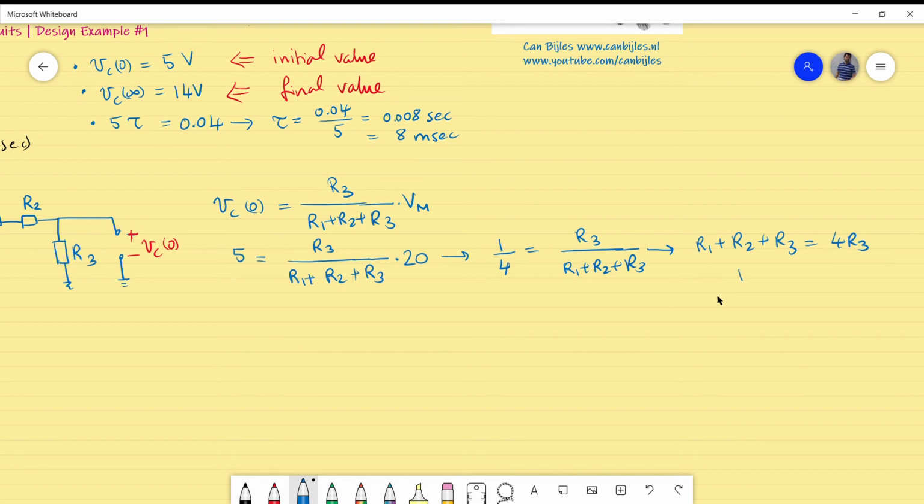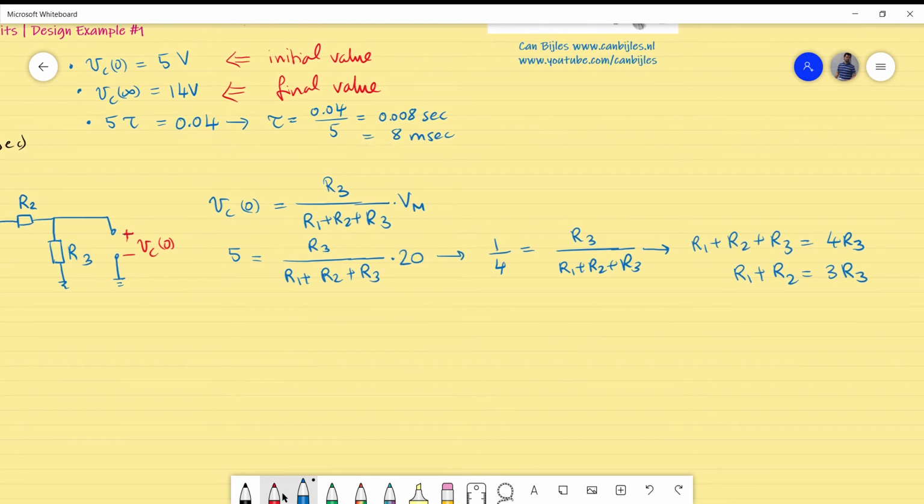And if I rearrange this again to simplify, I will get R1 plus R2 is equal to 3 times the value of R3. Alright, now let's make this clear by designating this as formula 1. I will use this in the next part.